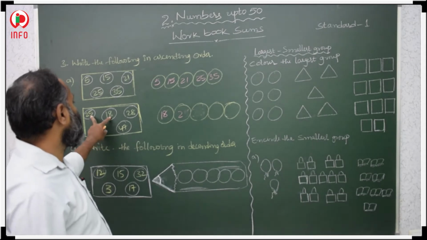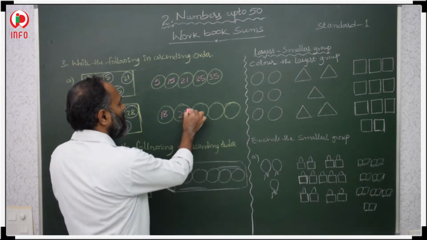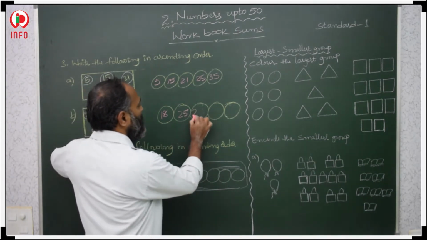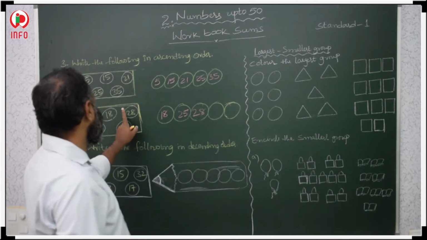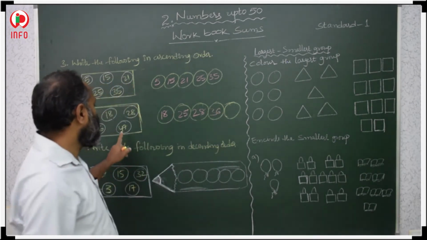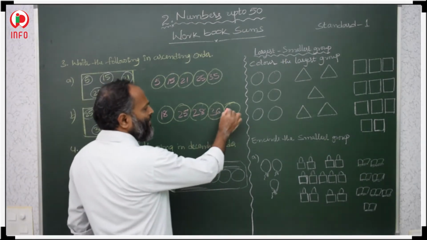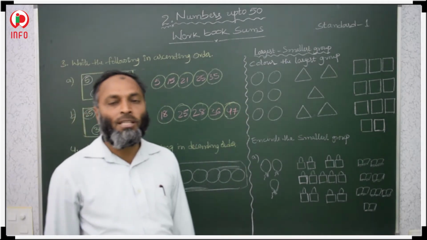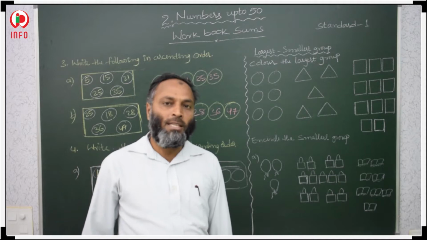After 18 is 25. Bigger than this is 28. Bigger than 28 is 36. Bigger than 36 is 47. In this way we have to arrange the numbers into ascending order.